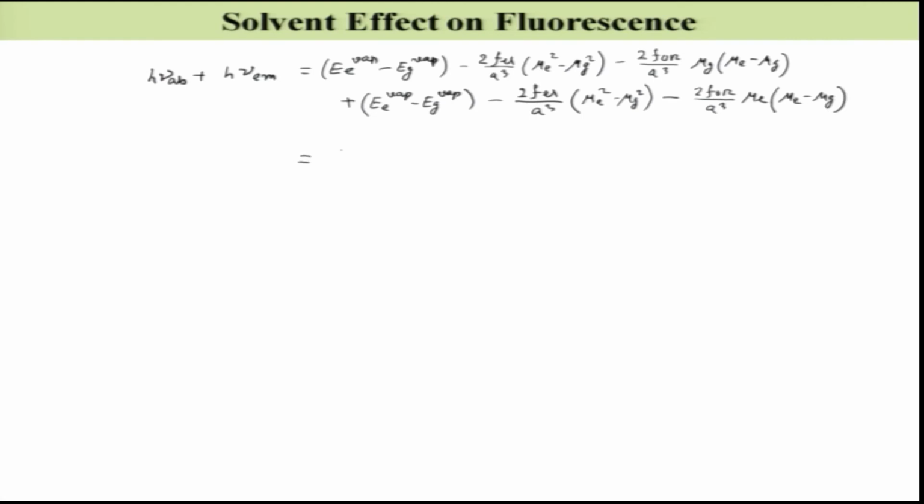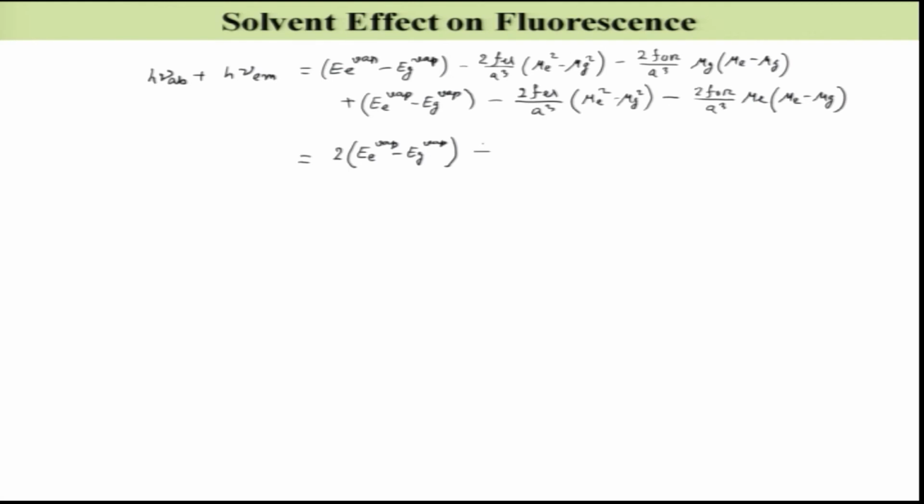This is equal to twice E_E vapor minus E_G vapor minus, so here (mu_E square minus mu_G square) by a cube I will take outside.